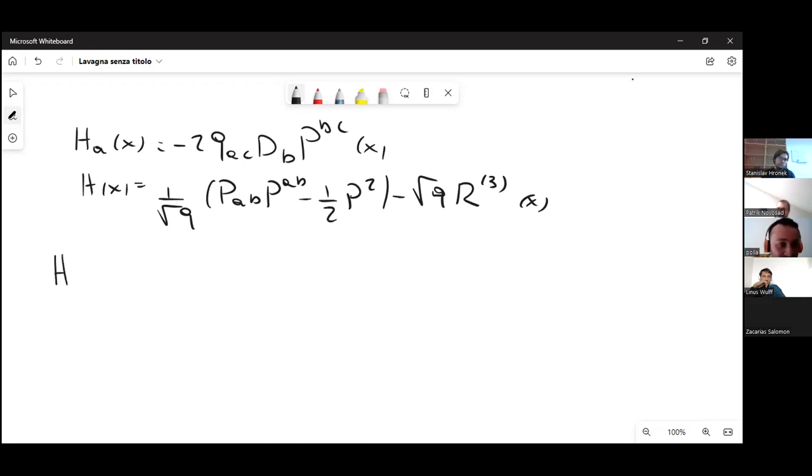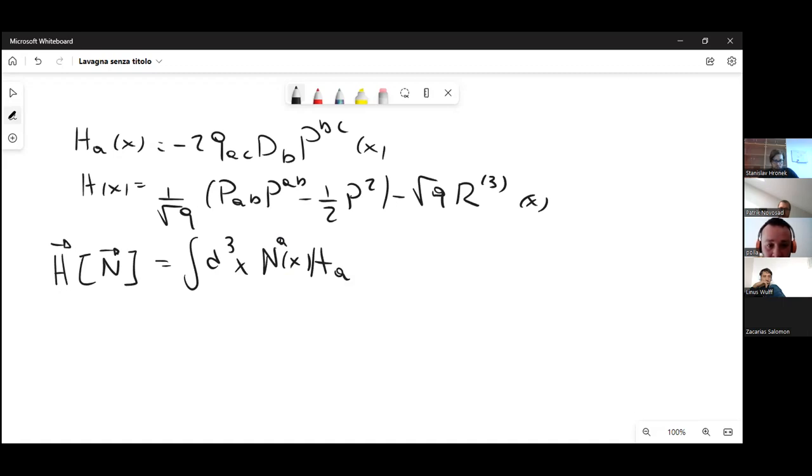So if you want to write this H, written in this way, it is just the integral over x, over sigma of course, of n^a(x) H_a(x).